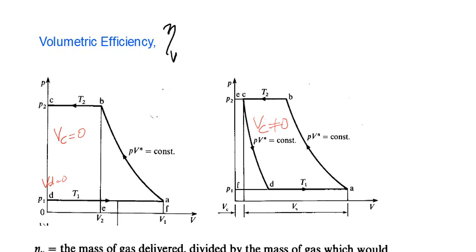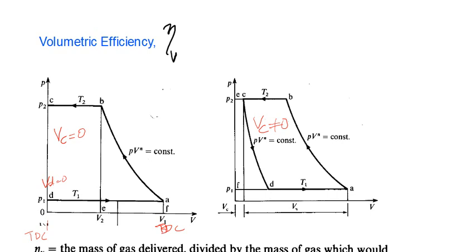And we can see that the VA is in the swept volume from TDC to BDC. Sorry, this is our BDC.